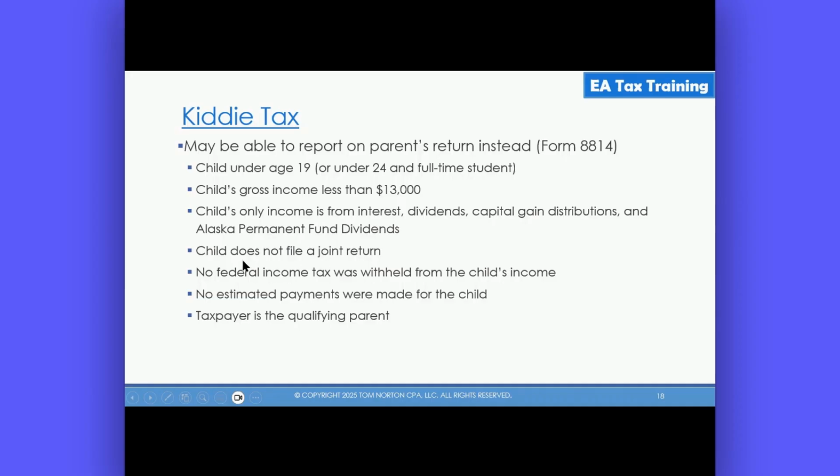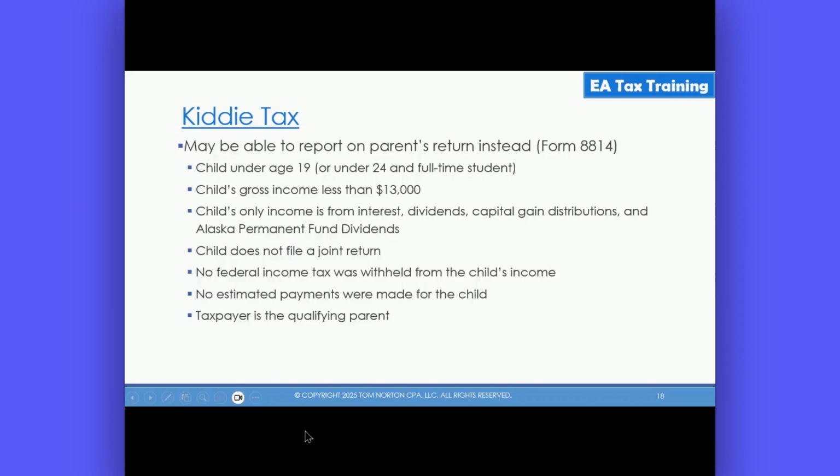The child does not file a joint return. No federal income tax was withheld from the child's income. No estimated payments were made for the child, and the taxpayer who is claiming the child is a qualifying parent. So if you meet all of these things, then you will be filling out Form 8814 in order to compute the tax on the child's income and reporting that on the parent's tax return.